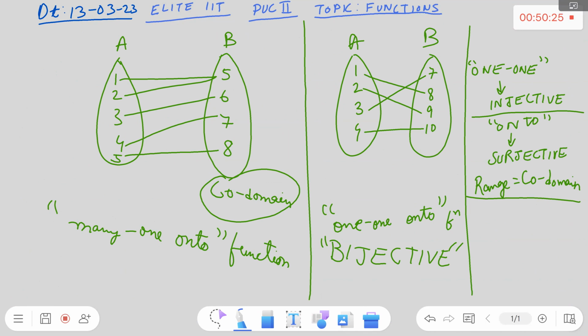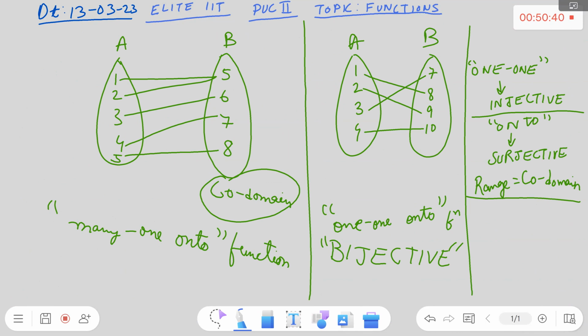So remember this. This is the most interesting type of function, which is the bijective function. It is one one and onto both. Then it is called a bijective function. Okay? It is a bijective function.